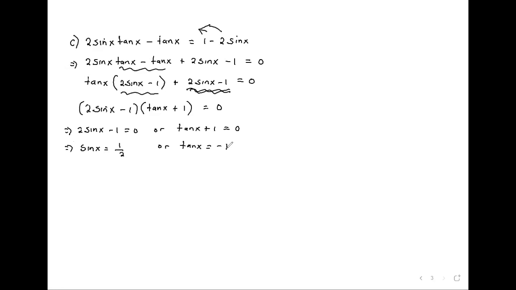So for sin x is equal to half, I think we had already found the solution in the previous question, where the angle is 30, which is pi over 6. And the other one, in the second quadrant, we had found 150, which is, was it 5 pi over 6? I think so.